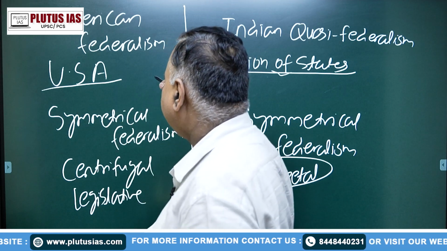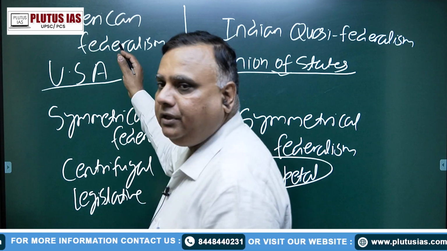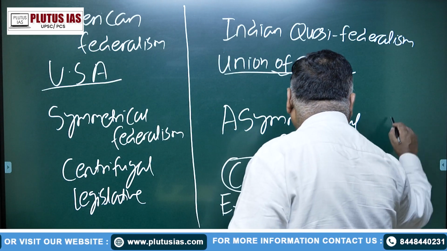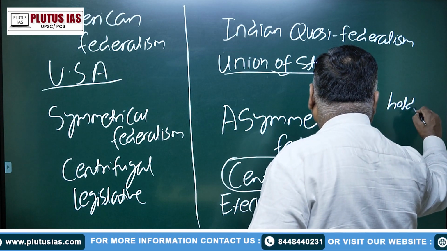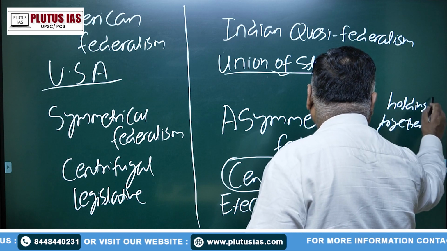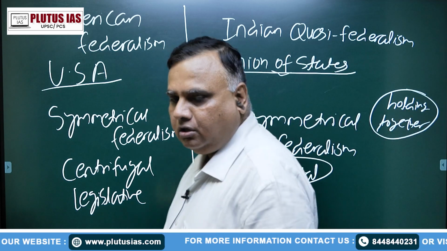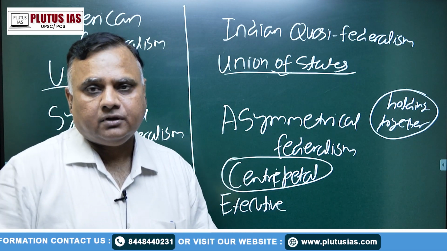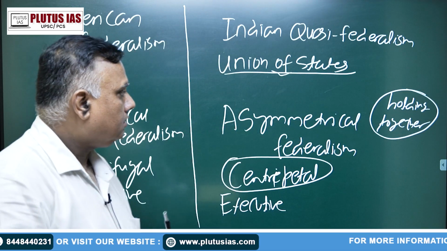Moreover, American federalism is said to be coming together. Our federalism is holding together. The central government is duty bound to ensure unity and territorial integrity, the national unity of the nation state.